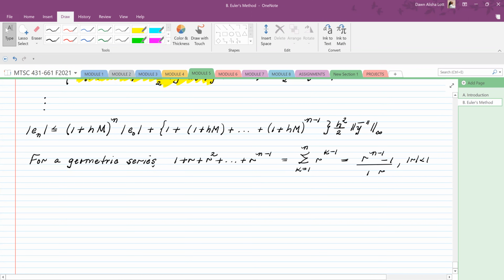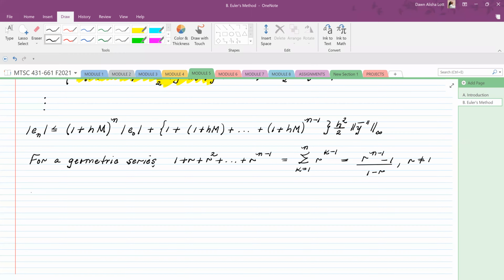Actually, it's true even if it doesn't converge. I'm not worried about the full series, I'm only worried about the partial series. So this is true if R is not equal to 1. I only worry about convergence when R is equal to 1 or minus 1, but I don't have an infinite series, so I don't have to worry about that.